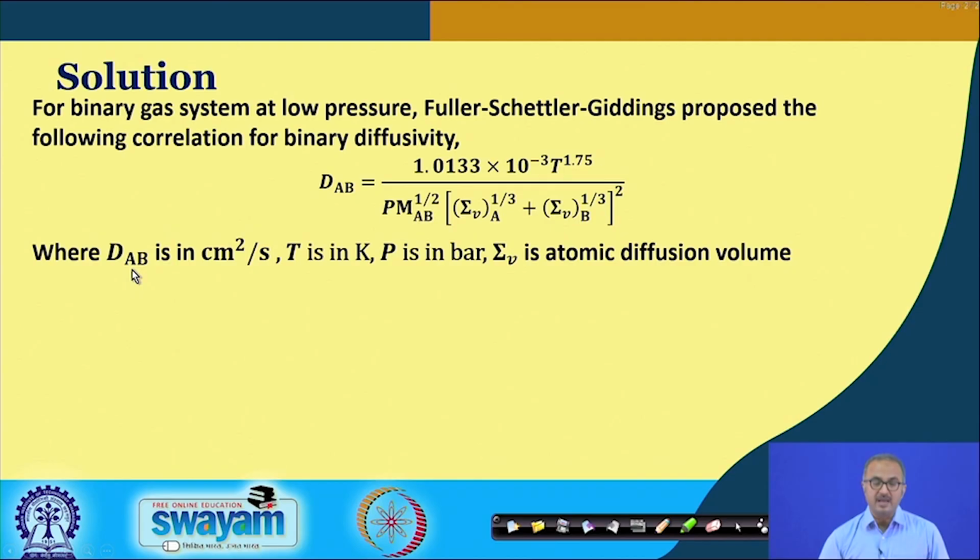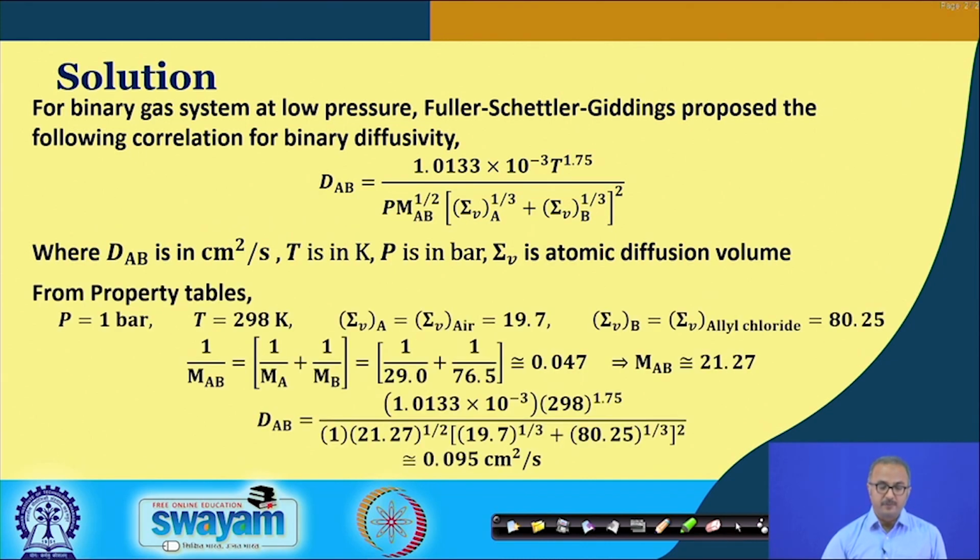Here A and B represent the 2 different species, and in this correlation DAB will be in centimeter square per second, T will be in Kelvin, P will be in bar, and this sigma V is the atomic diffusion volume.